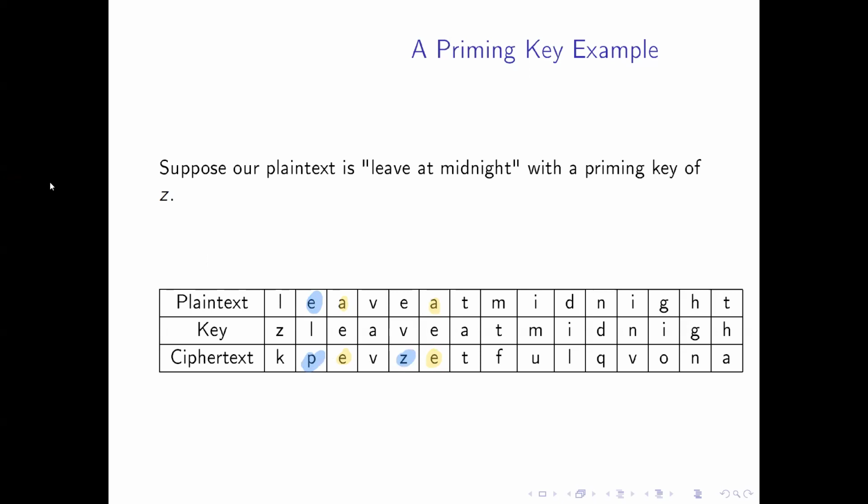My I's, let's again change colors to an orange. My I's are going to a U and a V. So we can sit here and repeat this process and notice that T's, well, they are going to a T and an A. Huh.